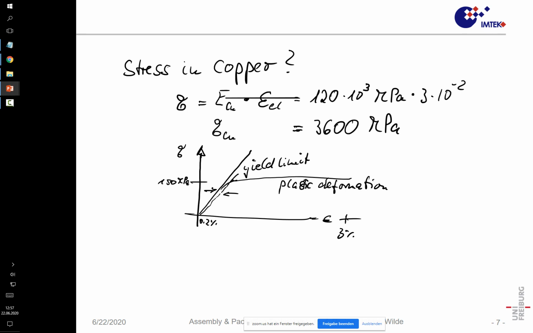So it will survive the soldering because the copper can yield a little, but afterwards it will fail in temperature cycling.